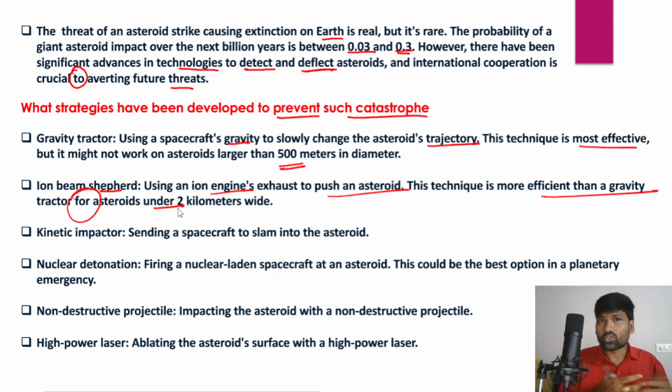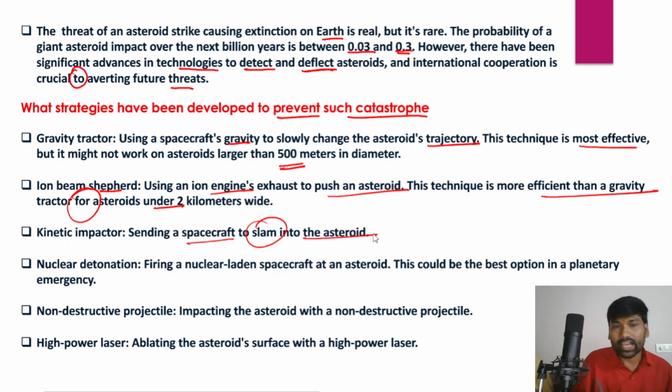There are asteroids in the solar system and in the asteroid belt whose size is massive, more than 2 kilometers, and they could pose significant harm to this planet. Sending a spacecraft to slam into the asteroid would be another major option.